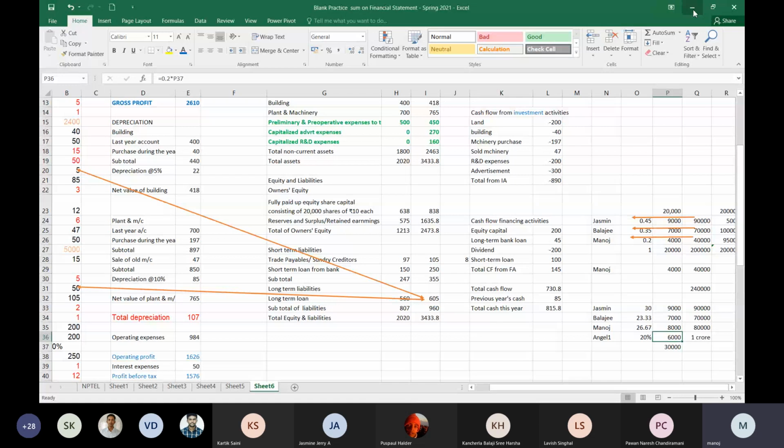Then the polite thing to tell him will be that our one share is valued at 1 crore divided by 6,000, which is 1,666 rupees. One share. So 100 shares is 16,660.